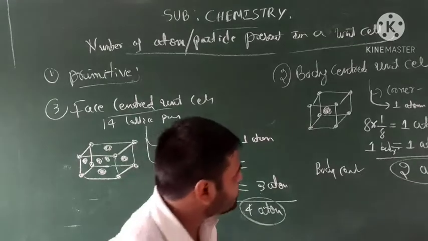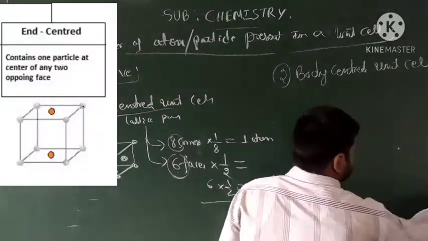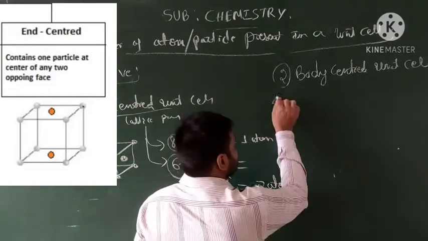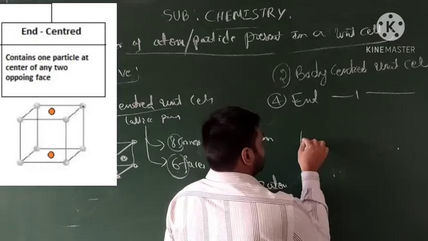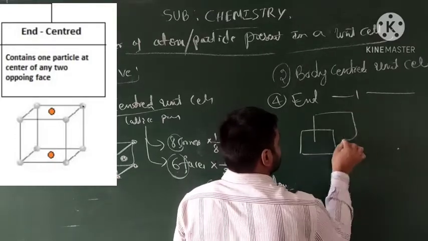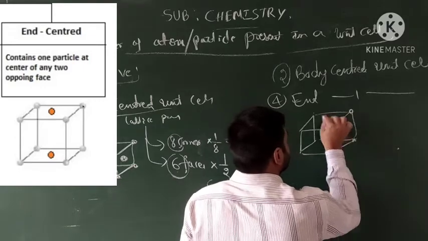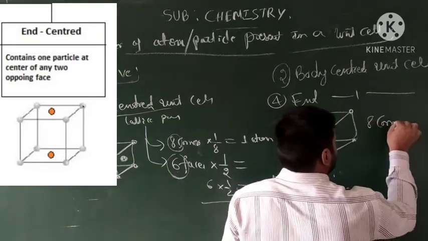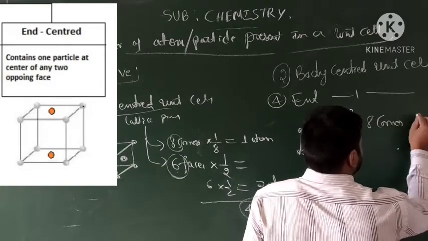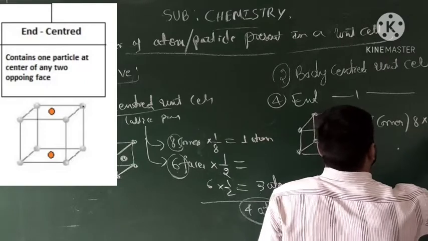The last one, end centered. End centered means, yes, 1, 2, 3, 4, 5, 6, 7, 8. These are the 8 corners. This is 8 into 1/8, 1 atom. Clear, students?